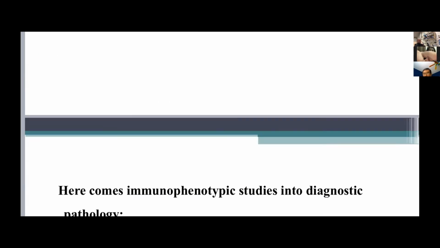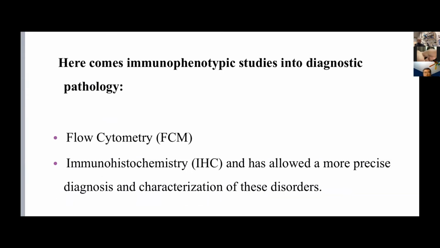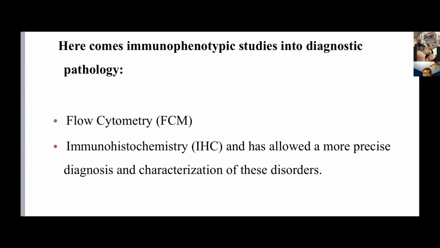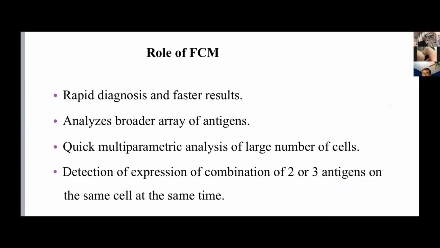So here comes the role of immunophenotypic studies in diagnostic pathology, which can be done by flow cytometry on peripheral blood or bone marrow aspirate. The second is IHC, immunohistochemistry, which has allowed a more precise diagnosis and characterization of these disorders. So what is the role of flow cytometry?